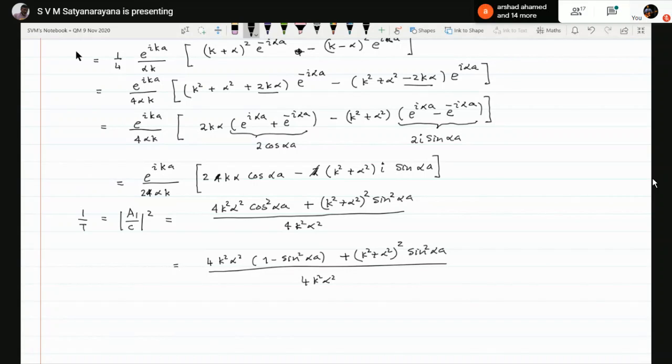Now you can see that k square plus alpha square minus 4k square alpha square is k square minus alpha square whole square.